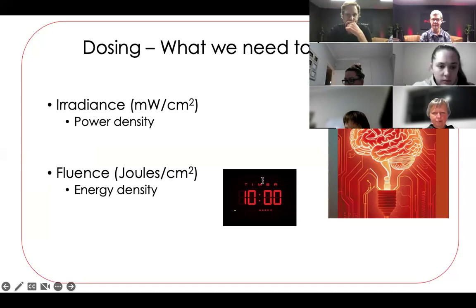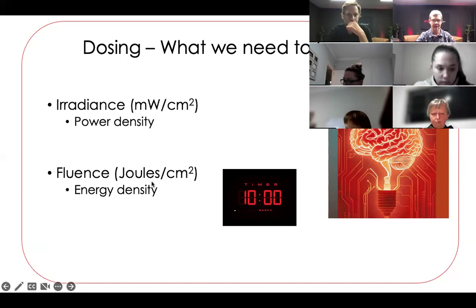That's involved with the power of the dose, and that's milliwatts per centimeter squared. And then another concept called fluence, which is around the energy, and that's to do with time. It has a time component. So those are two numbers that we talk about.